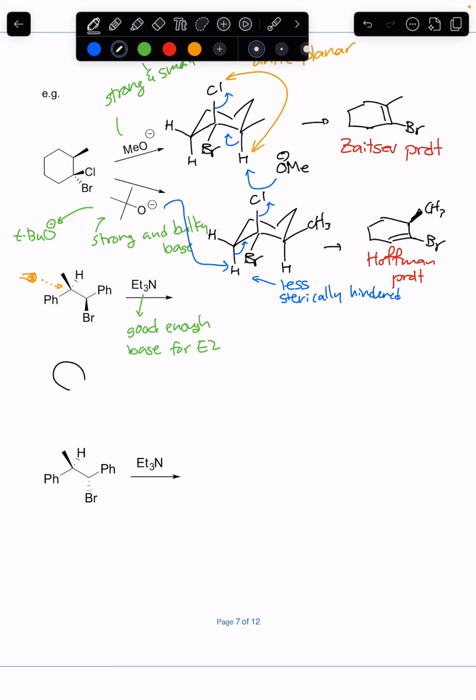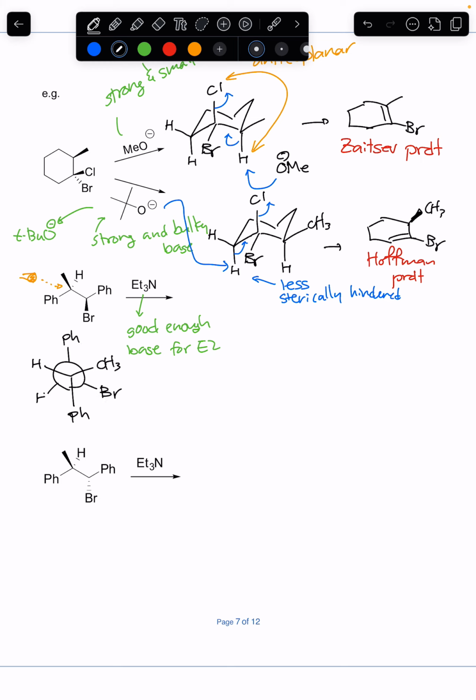The Newman projection would look like methyl group on the right, hydrogen on the left, phenyl pointing down. On the front carbon in the back, you would see the phenyl pointing up. To my right is bromine, and then to my left is hydrogen.